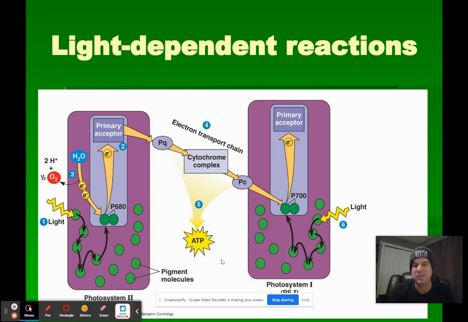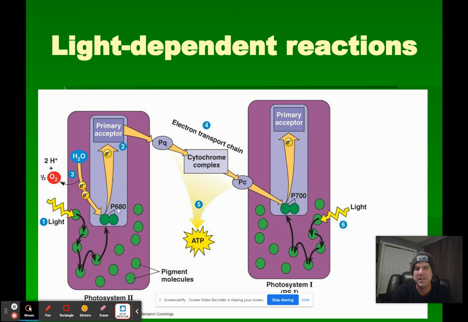So at the same time that light is striking photosystem 2, it's also going to be striking photosystem 1. Right? Visible light from the sun comes in wavelengths between about 350 and 720 or 760 nanometers. That whole ROYGBIV spectrum, all the colors of light are in between those wavelengths, and certain wavelengths of light get absorbed by chlorophyll, right?